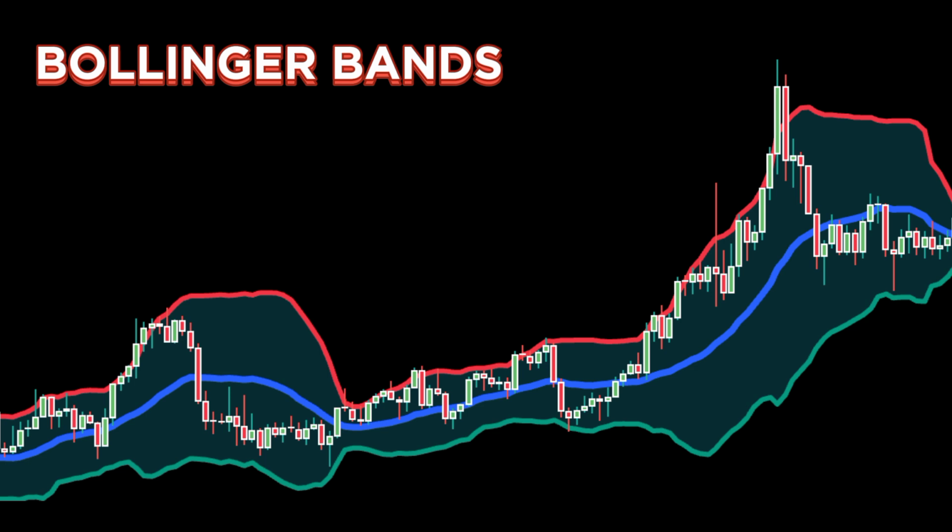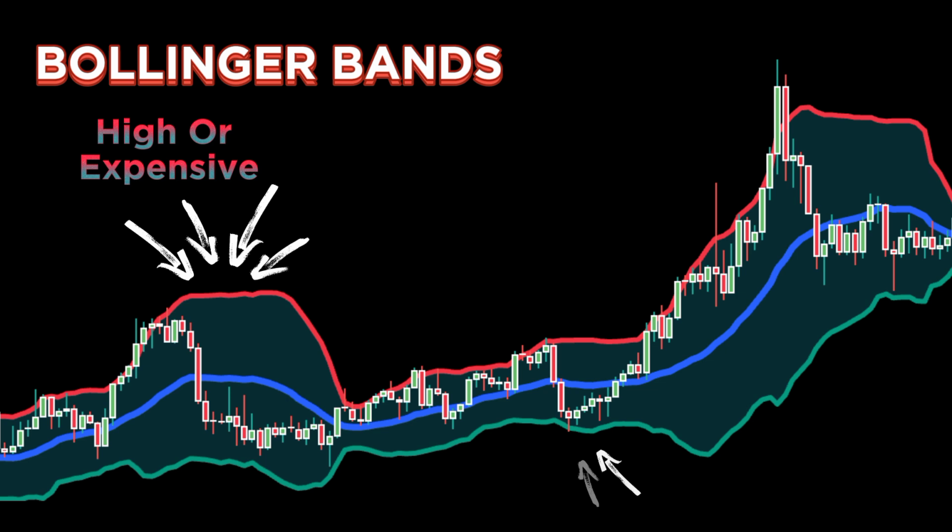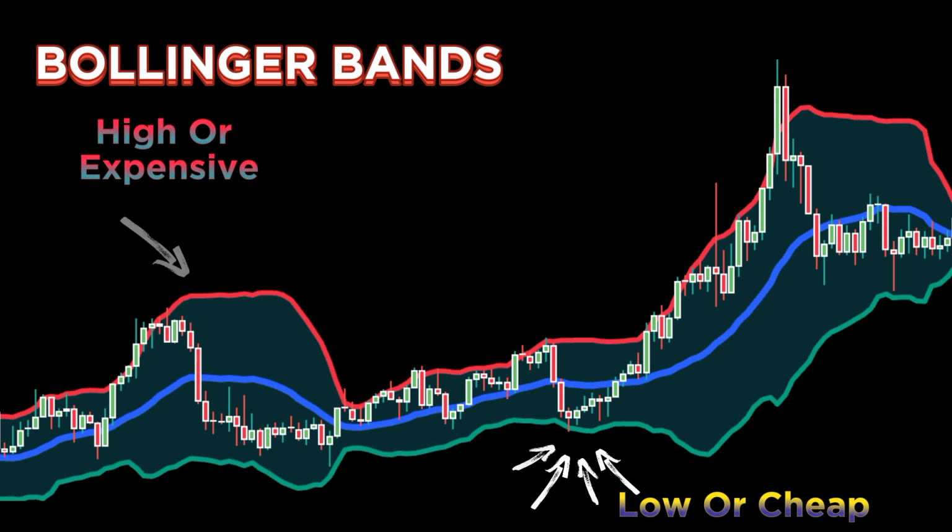During market periods of low volatility, the bands are narrow, while during the periods of high volatility, Bollinger Bands tend to expand drastically. The upper band shows a level that is statistically high or expensive, and the lower band shows a level that is statistically low or cheap. The Bollinger Band width correlates to the volatility of the market.